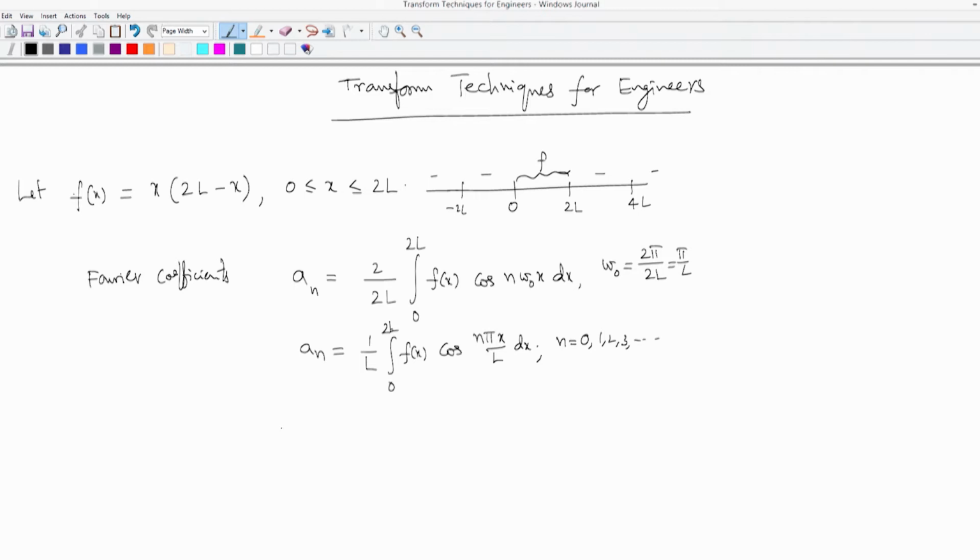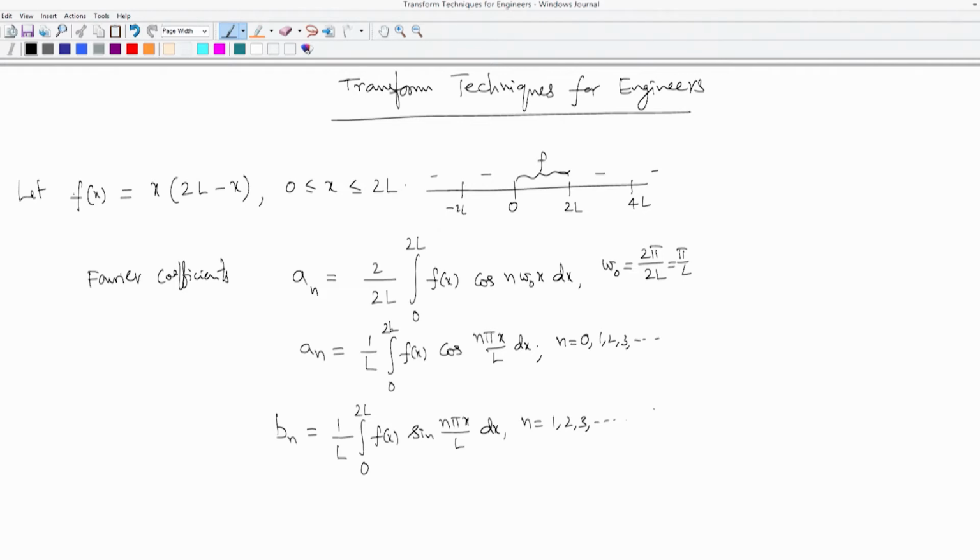Similarly, the other coefficient b_n is 1/L times the integral from 0 to 2L of f(x) sin(n pi x / L) dx, instead of cosine now we have sines, with n running from 1 onwards.